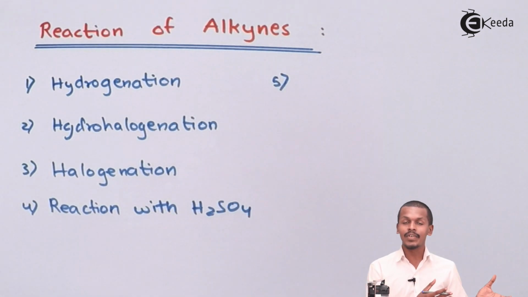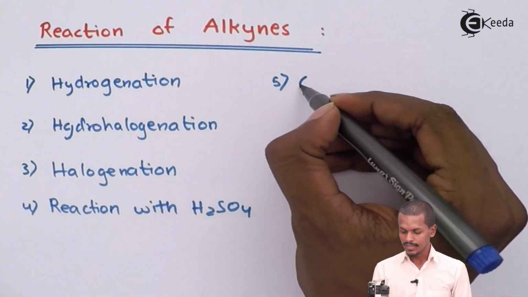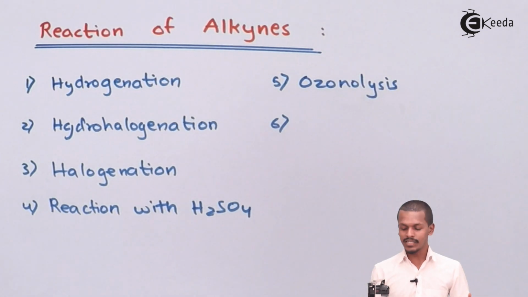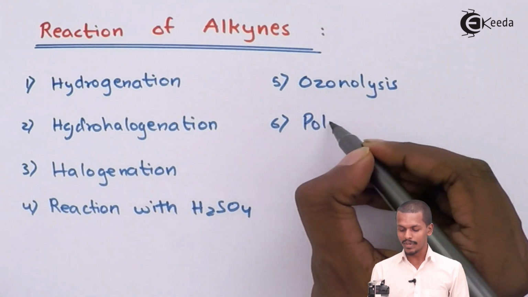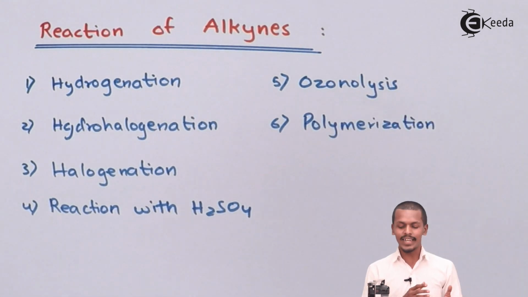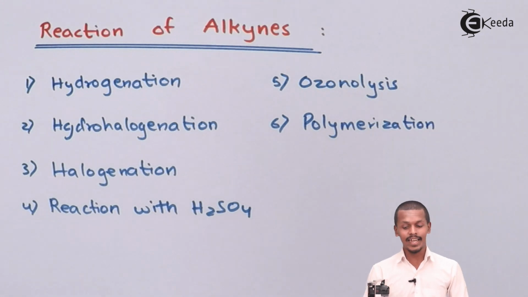And since even the alkene has a tendency to show reactions like ozonolysis, even this can show ozonolysis. At last, they have the tendency to show polymerization. So these are the reactions shown by the alkynes, and we are going to discuss each point one by one by taking an example.